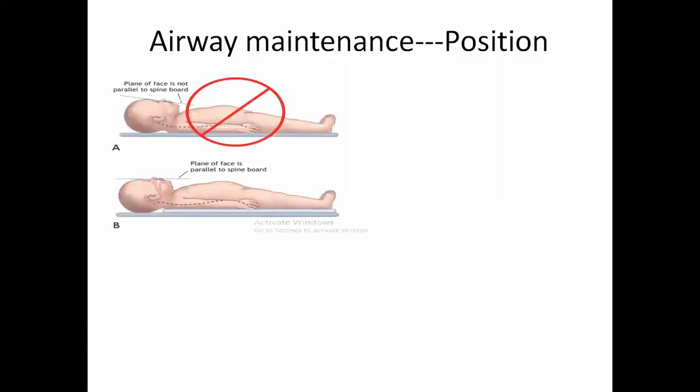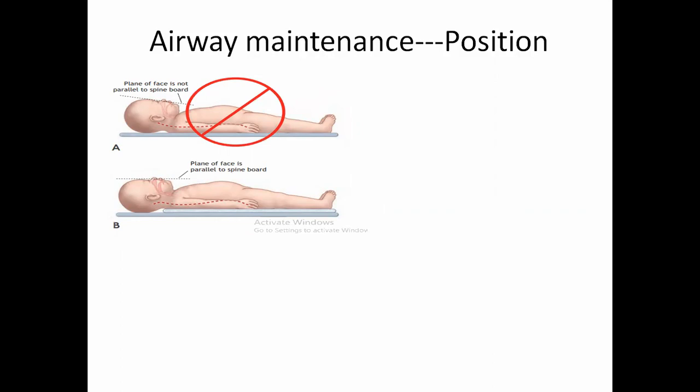Jaw thrust is mainly to open the airway. For positioning, in infants and smaller children, if you keep them straight on the bed with a slightly extended head, the neck will be flexed and the airway will not be maintainable.